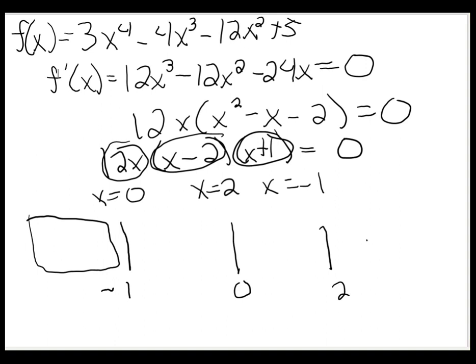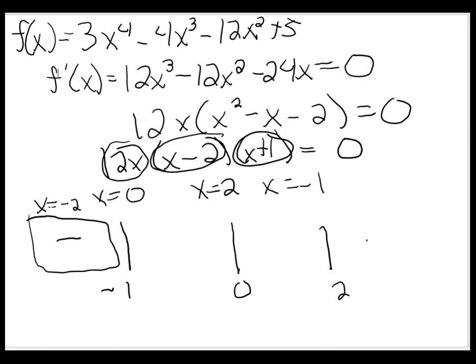So what I'm going to do is just pick one. So for example, x equals -2. Then I'm going to plug -2 into f prime of x. And when I do that, I will get a negative number. You can verify that in your calculator.